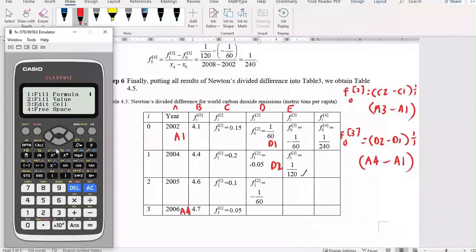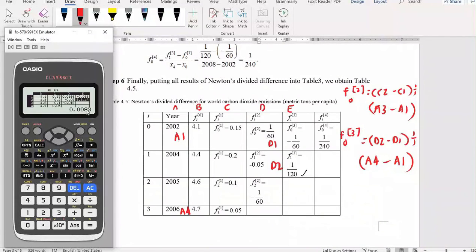Then you copy F03, paste down 1 time. So options, go down, number 2 to copy, and go down to paste it. So you get 1 over 120 in AC. If you want to see the value clearly, more than 3 decimal places, go to shift menu, number 4, spreadsheet, show cell, number 2, show value, number 2.